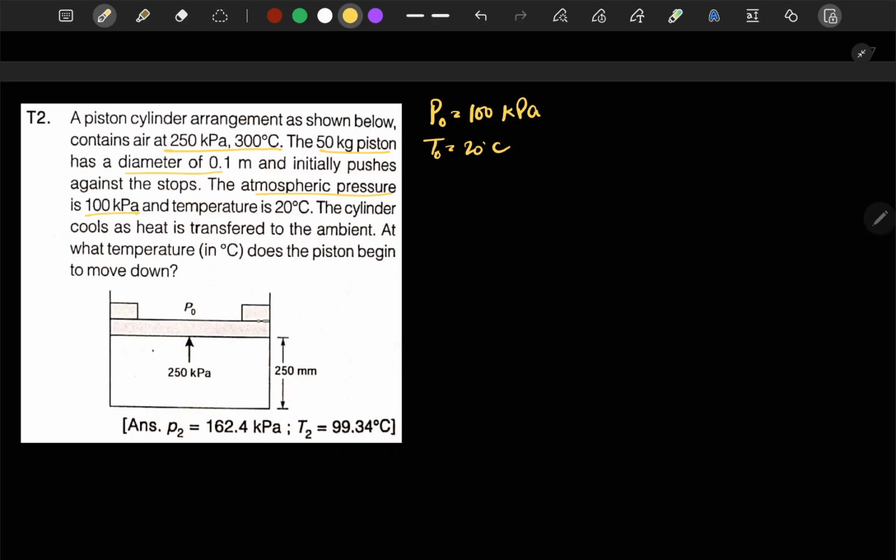The cylinder cools as heat is transferred to the ambient at T naught. At what temperature does the piston begin to move down? So what do you think?